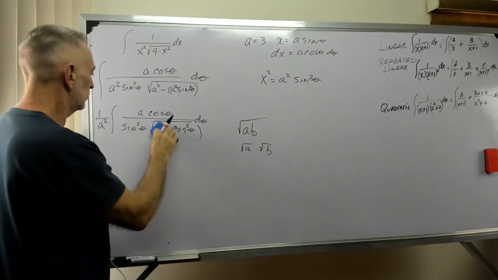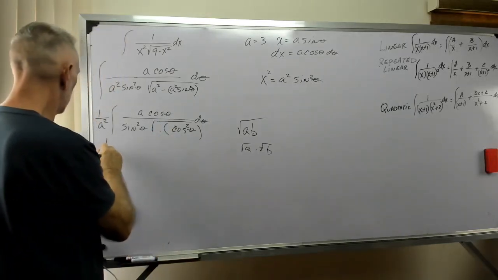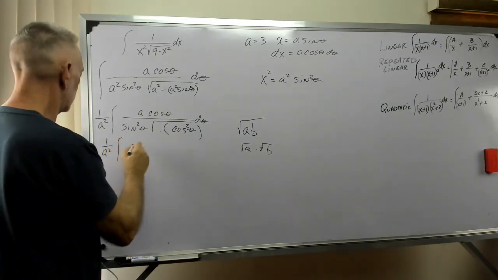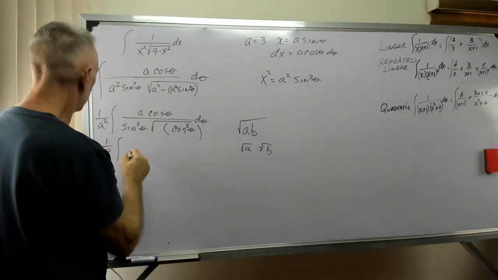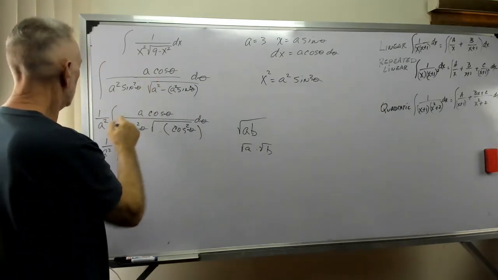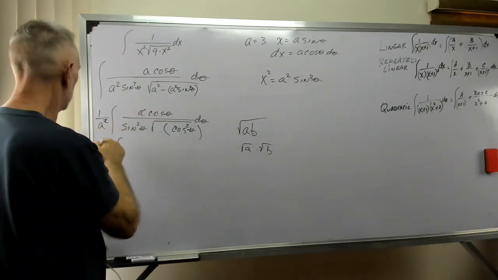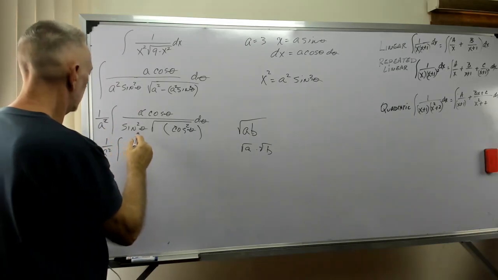So that gets rid of this guy. So now we have 1 over a squared, the integral of course, that a wiped out over there. Oh, no, it didn't. That a and one of those goes out, and now this a comes out, makes it a squared. All right.